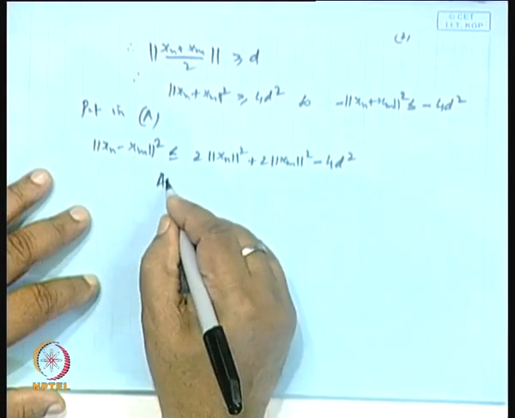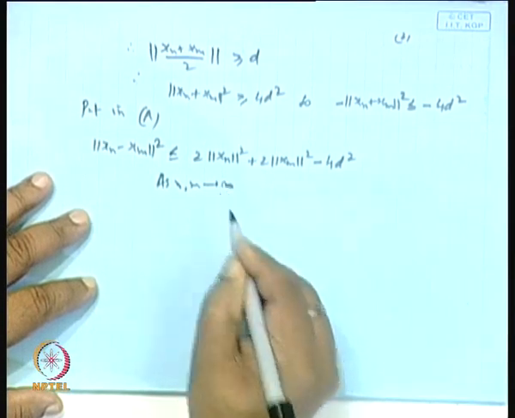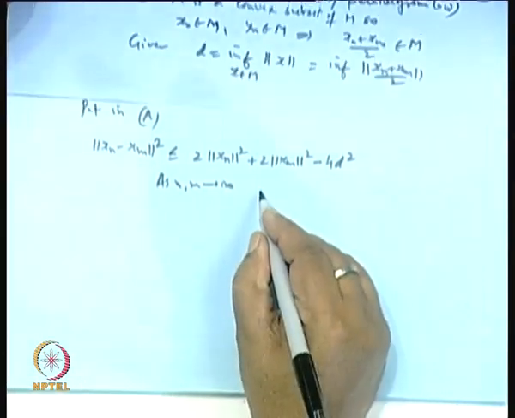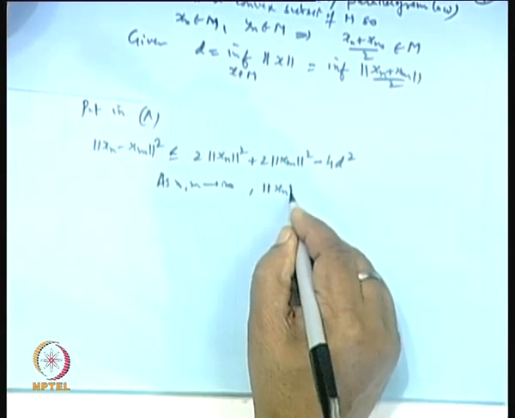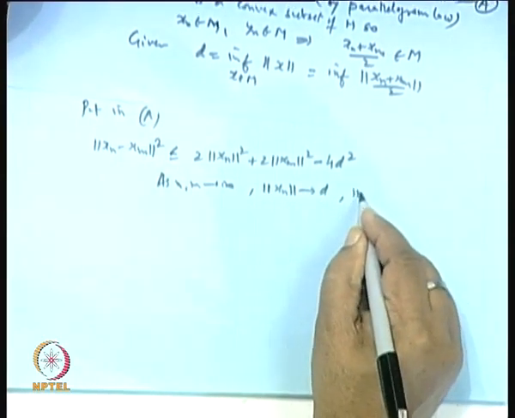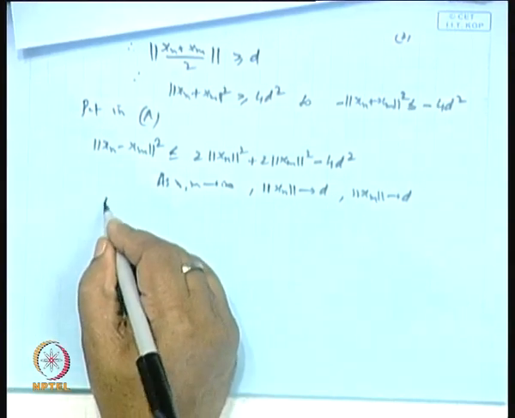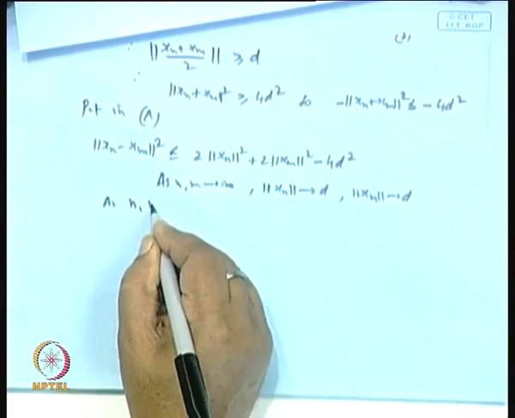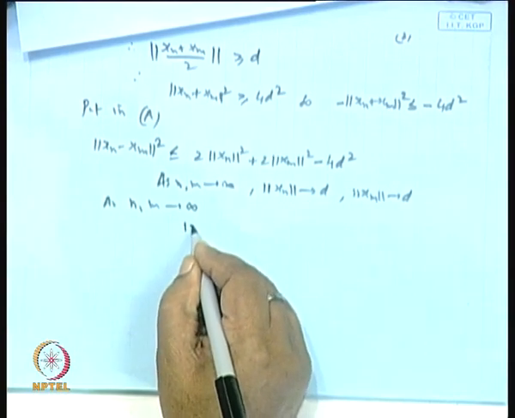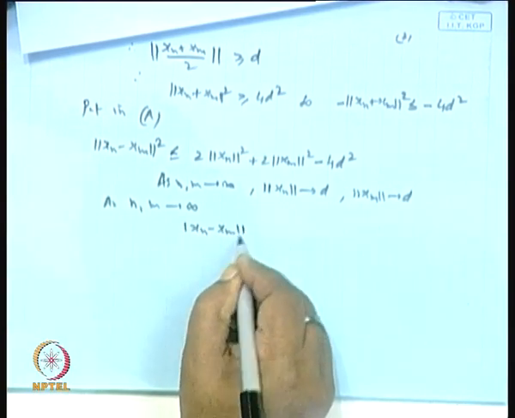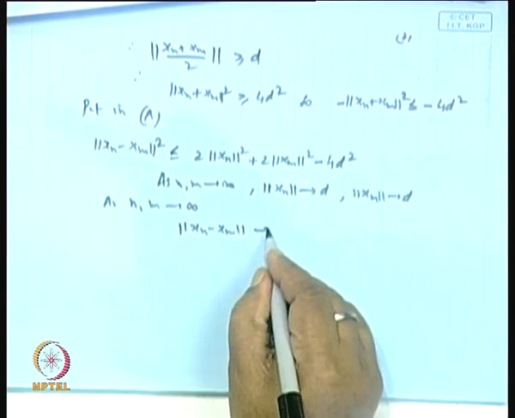Now, as n, m go to infinity, since norm of x_n goes to D, norm of x_m will also go to D. So, when n, m tend to infinity, norm of x_n minus x_m will go to 0.